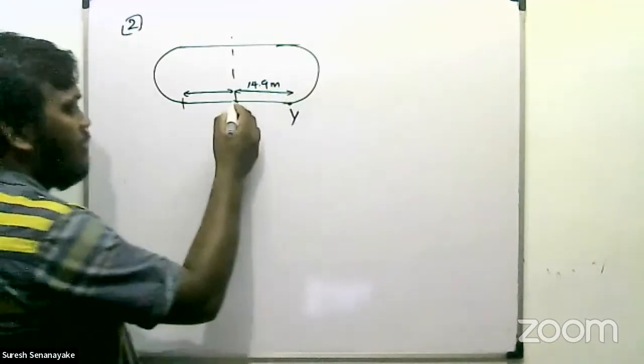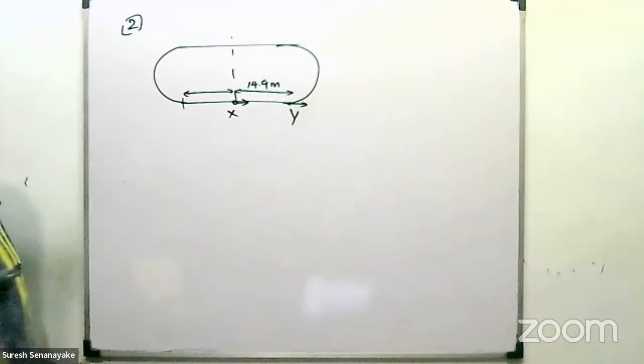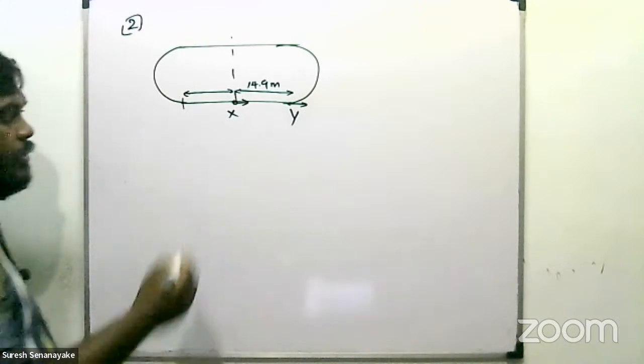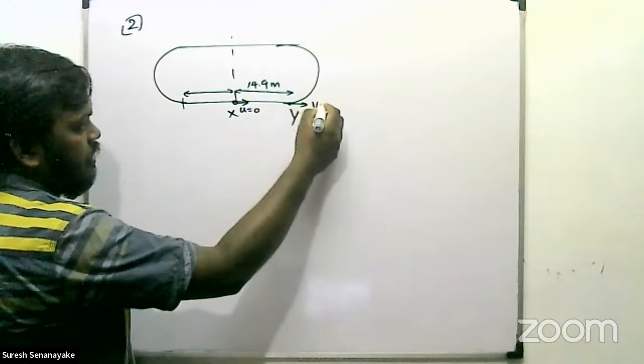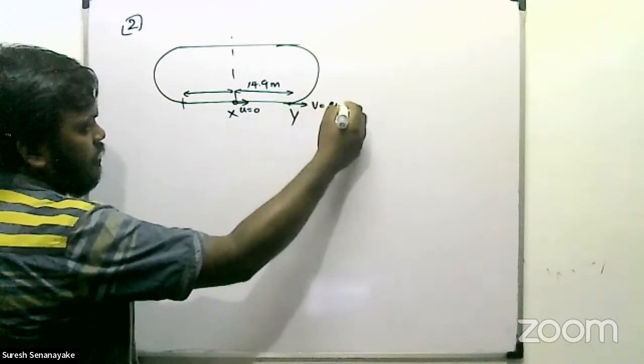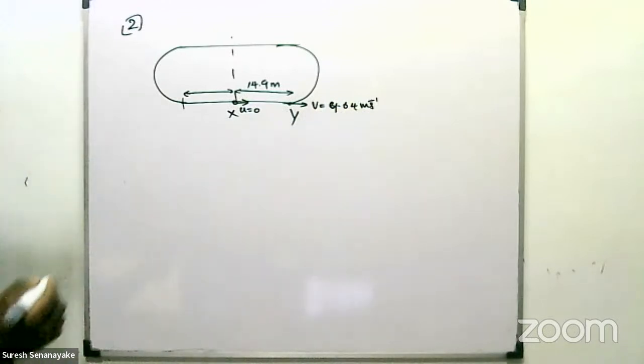Then we know the speed there. Starting at point X from rest, the velocity at this point is 0, and at this point it is 9.64. Then you can directly find the acceleration easily.